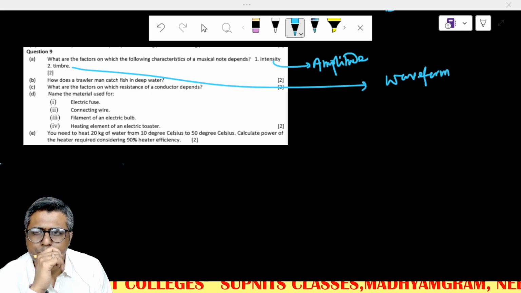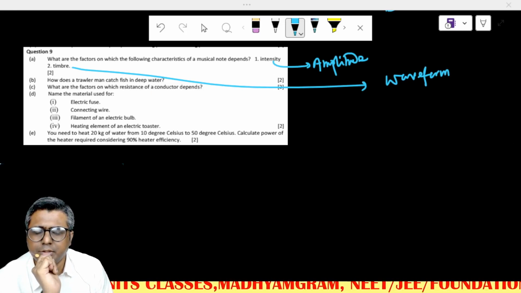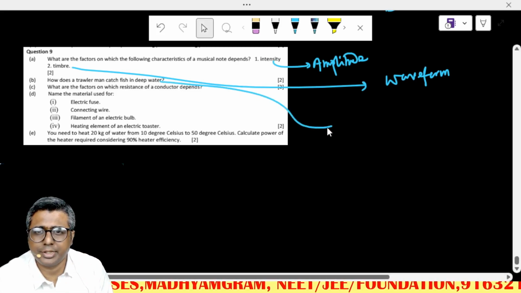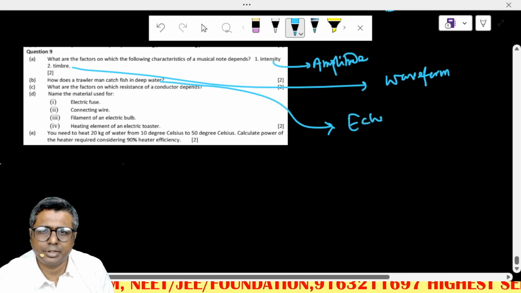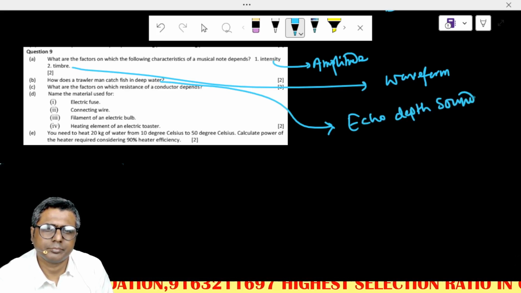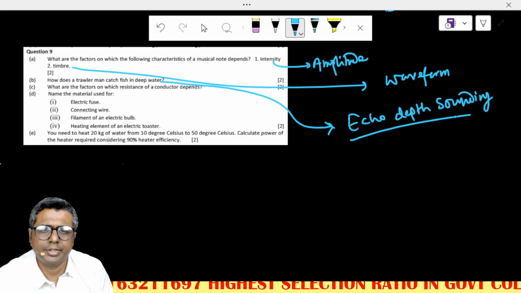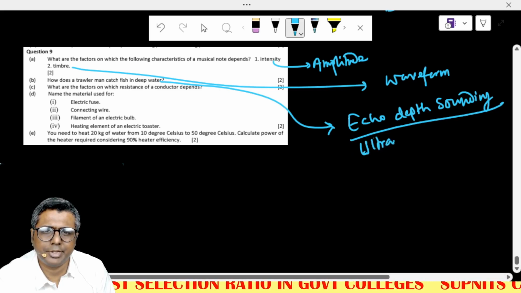Okay. How does a trawler man catch fish in deep water? Well, he uses ultrasonic, he uses the principle of echo depth sounding, wherein he uses an ultrasonic emitter.